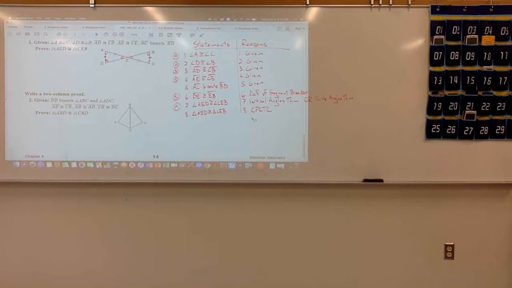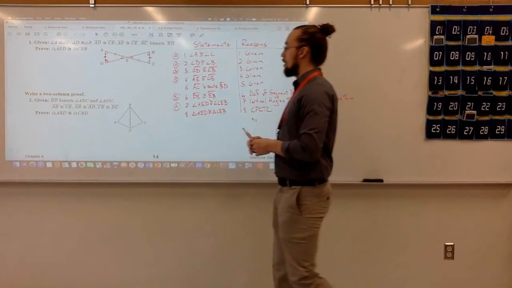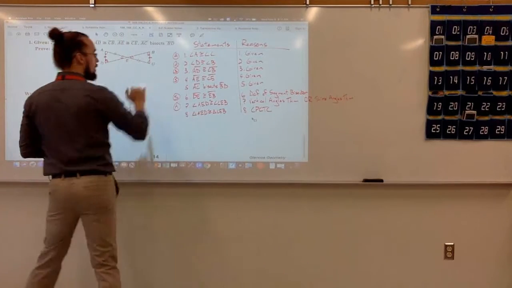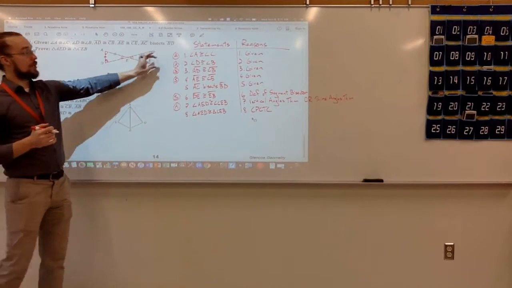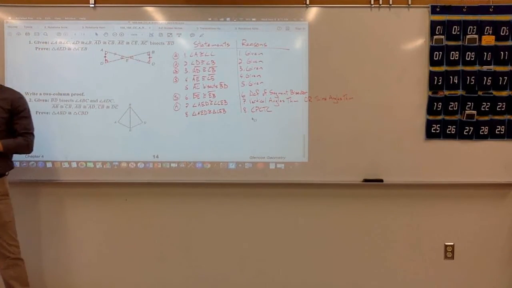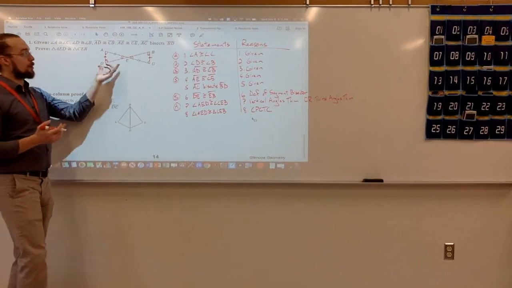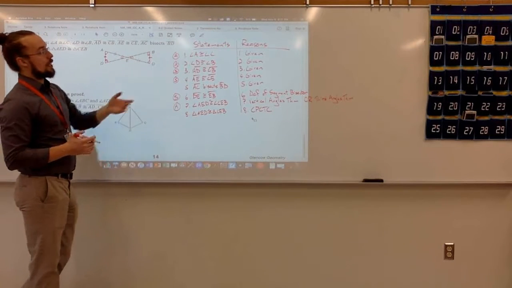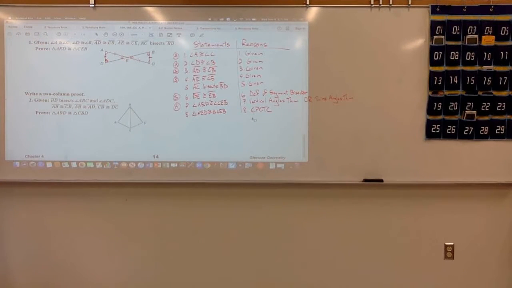Did we get something like this for the first one? So, in the givens, I'm just given two pairs of congruent angles and two pairs of congruent sides. Alright, so those are pretty easy. Then the last piece of given information is that AC bisects BD.